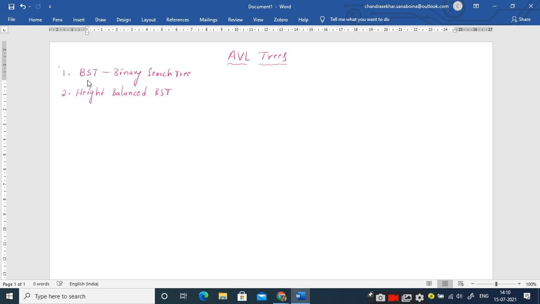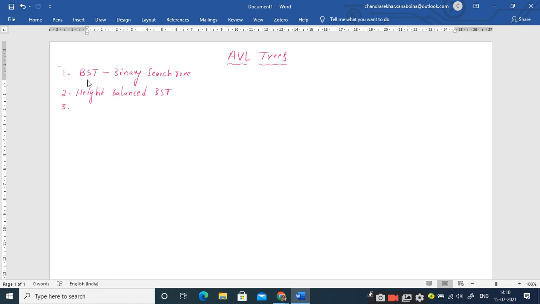So it should be a binary search tree, but they should be height balanced. And any other important points that we have discussed in yesterday's class? Difference of heights of right and left subtrees should not be more than 1. Super, right.